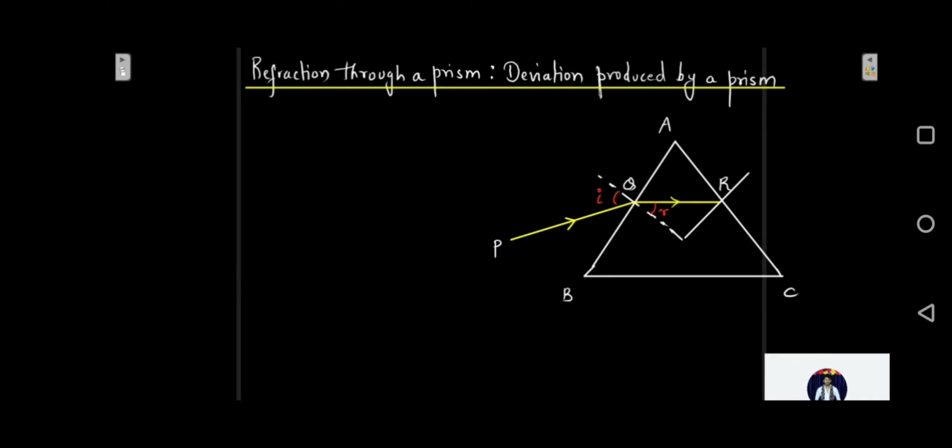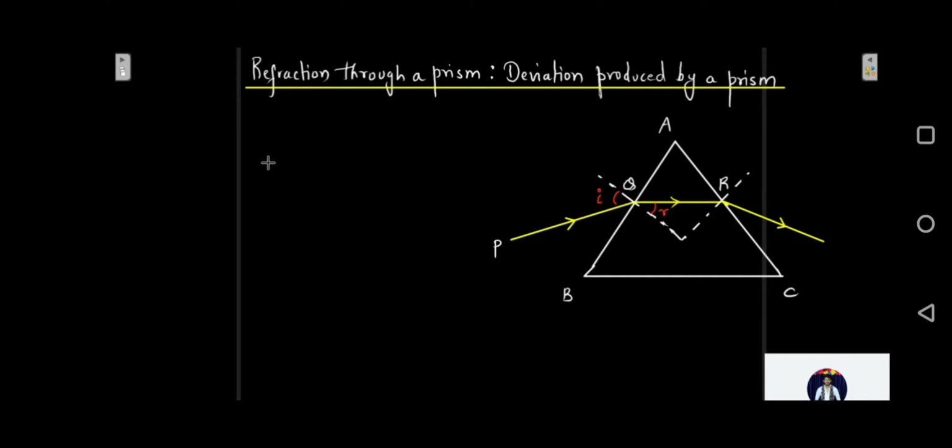Let me join the two normals because we require it later. So this is another normal. Now this ray QR is experiencing another refraction and it is going to bend away from the normal. So let's draw it something like this.